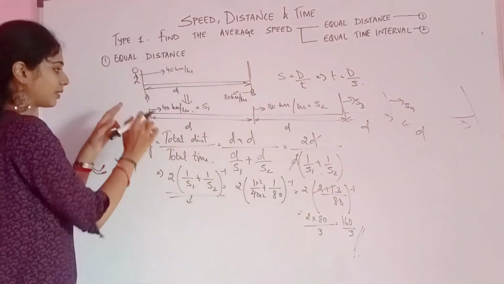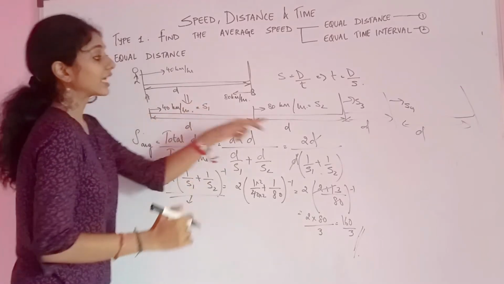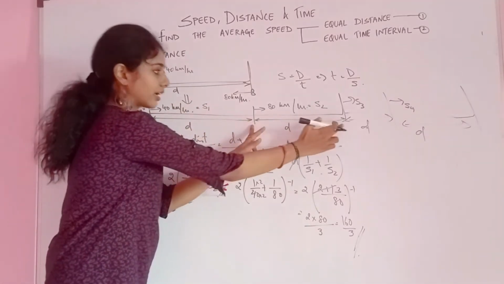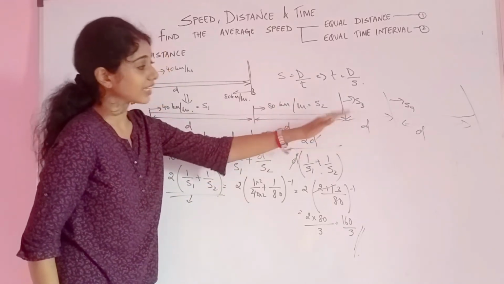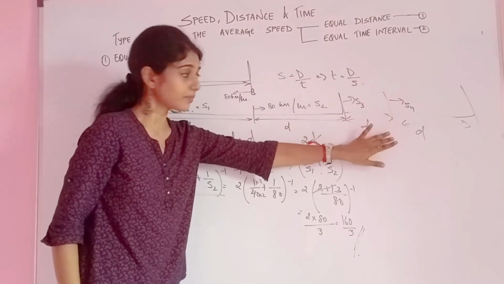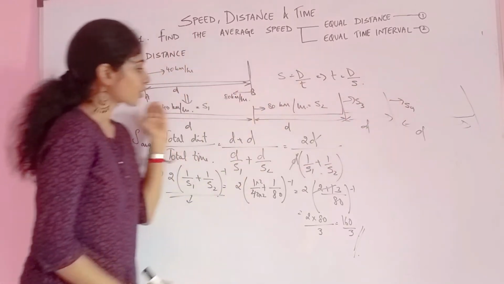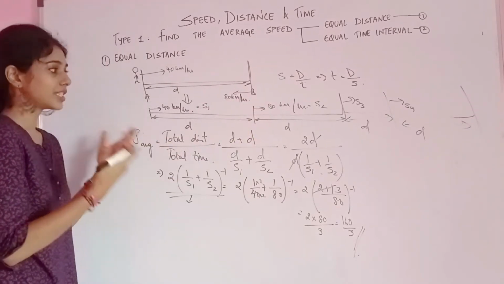What I mean is that the person covers a distance d with speed s1, the same distance d with a different speed s2, the third distance d with speed s3, and lastly the same distance d with a different speed s4. So it's equal distances, but different speeds.